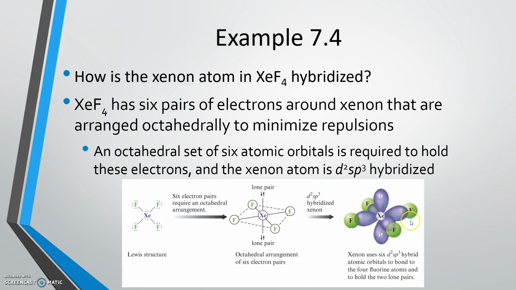So xenon has the 6 d2sp3 orbitals. 4 of them are sharing electrons with fluorine to produce a sigma bond, and the other 2 are holding those lone pairs. Fluorine, although not pictured, has 3 non-bonded and 1 bonded, so it will be sp3 hybridized.